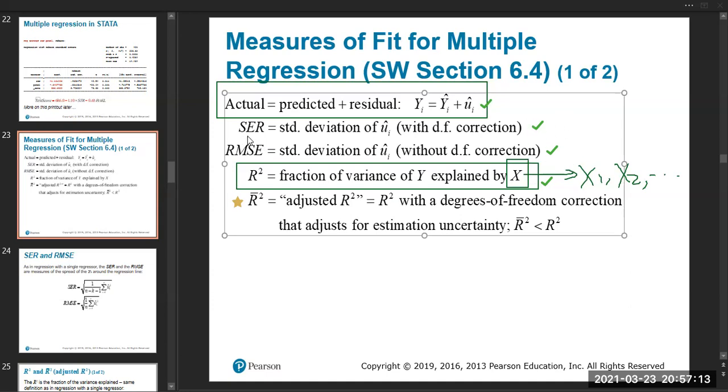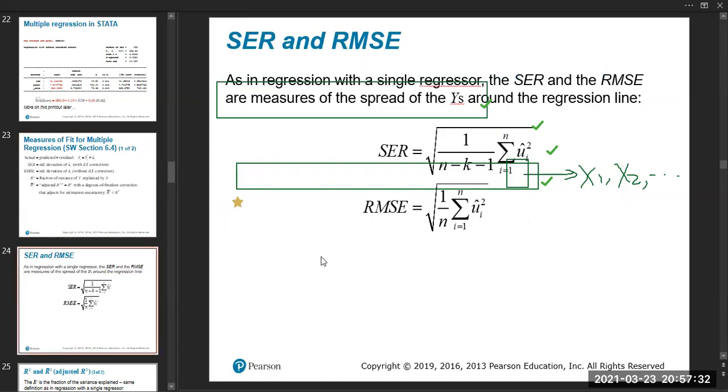The only thing you need to know is that SER has the same unit as y. So adjusted R squared is new. We'll talk more about it later, after we pass this SER and RMSE.